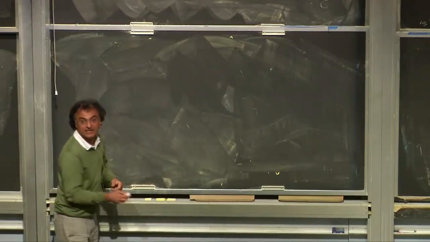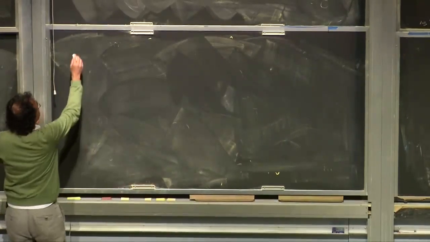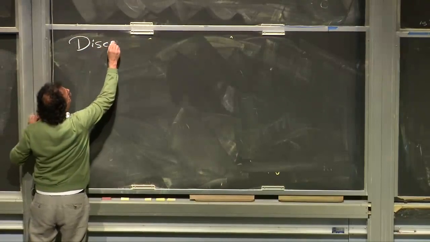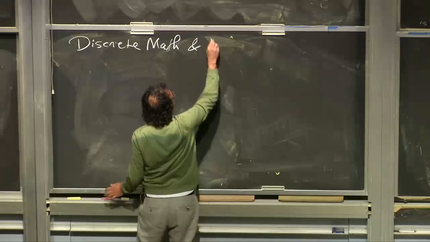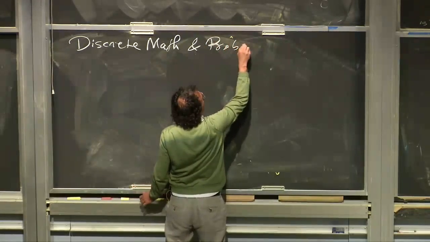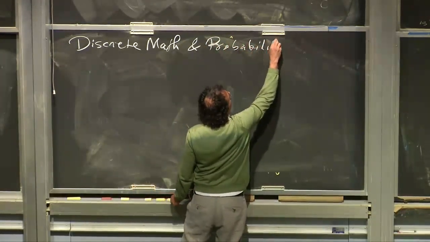Okay, so what's CS70? CS70 is discrete math and probability theory.